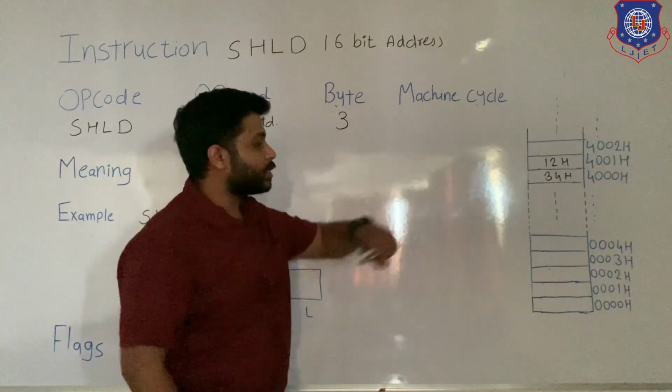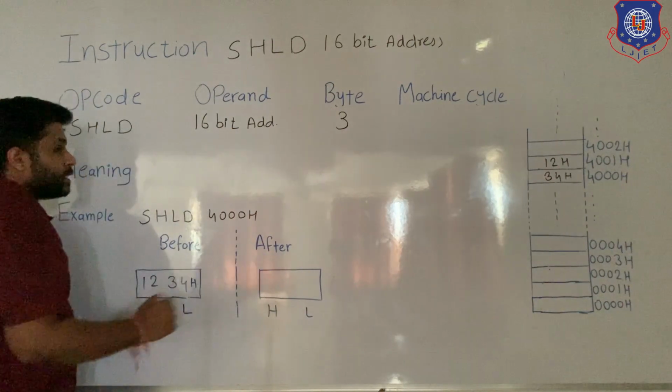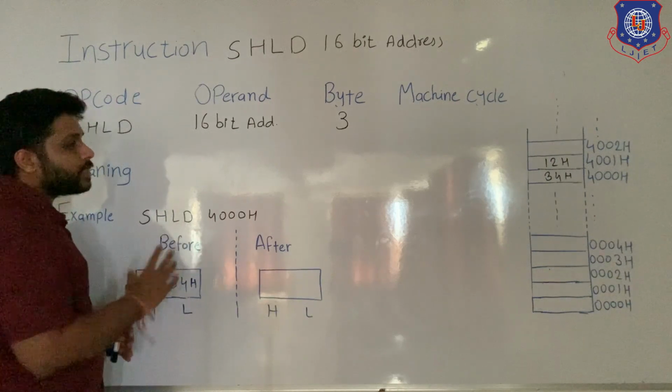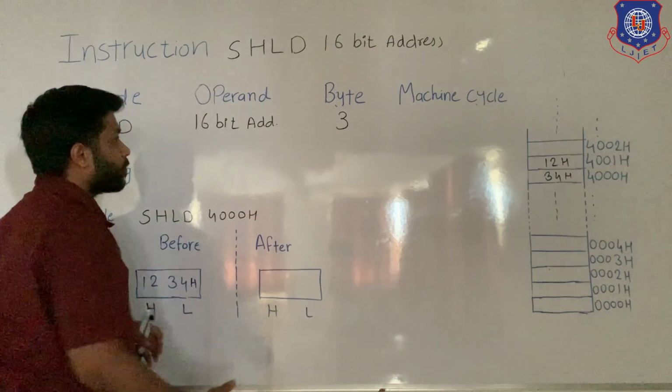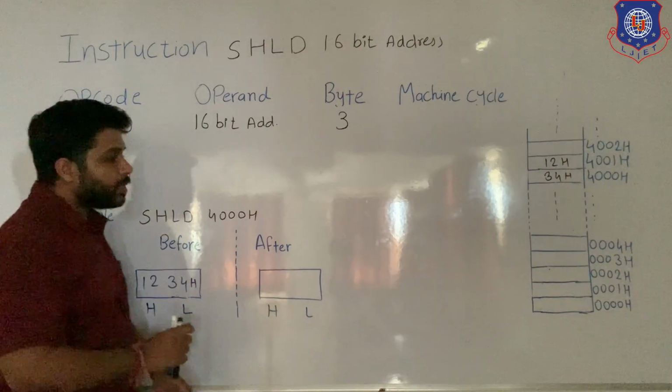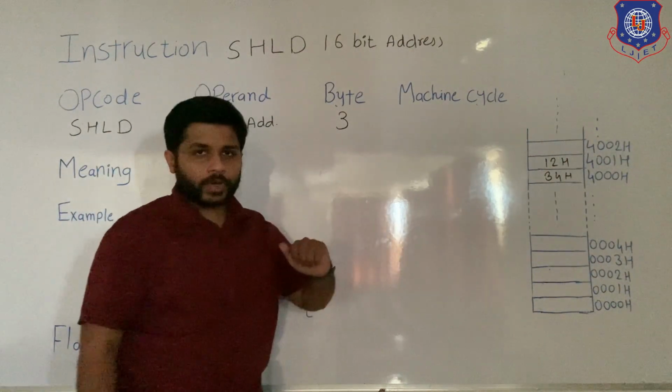Now let's see the machine cycle. To understand the machine cycle, we have to understand the process. When you give this instruction SHLD 4000H, it will be stored in the memory from the starting location.